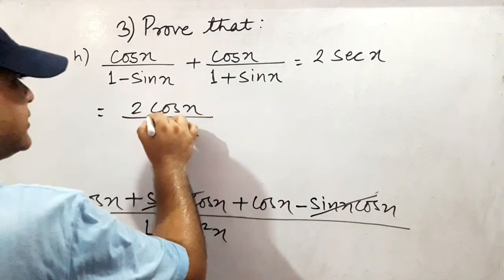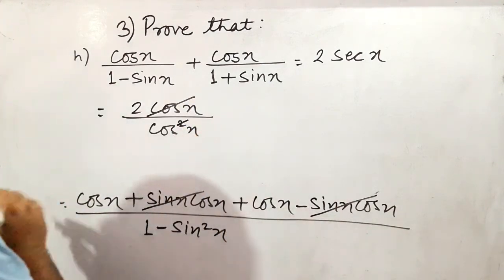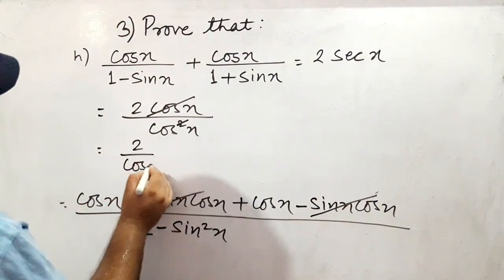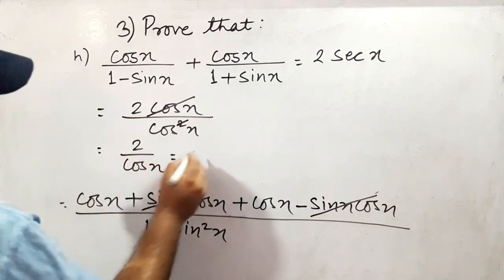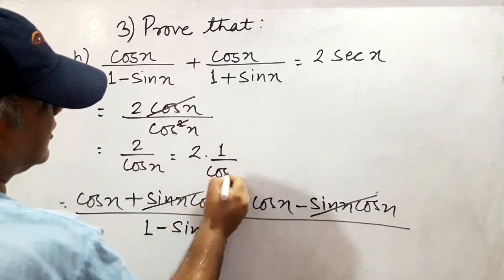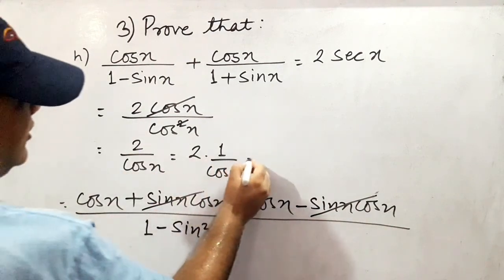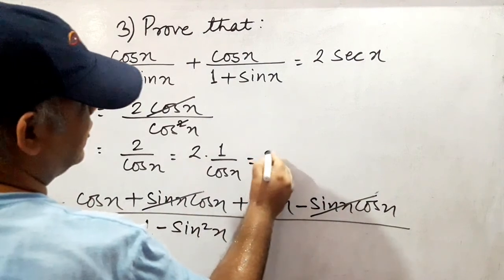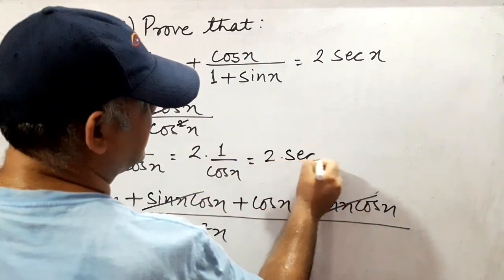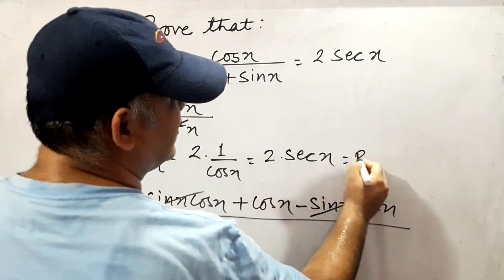So 1 cos x in the numerator and 1 cos x in the denominator get cancelled. So we have 2 by cos x, which can be written as 2 into 1 by cos x. So 2 into 1 by cos x is equal to 2 sec x, which is our right hand side.